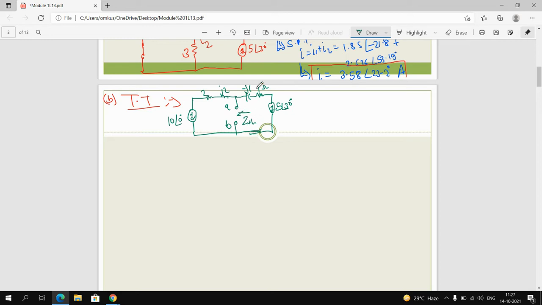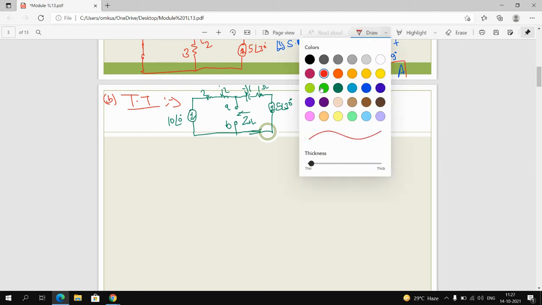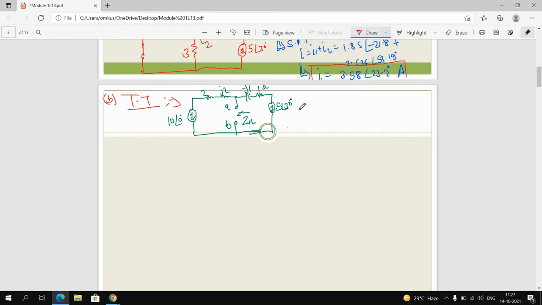So when you find ZTH, what is the process? We already saw it in our DC theorem. We need to short circuit the voltage source and open circuit the current source, right? For finding ZTH.